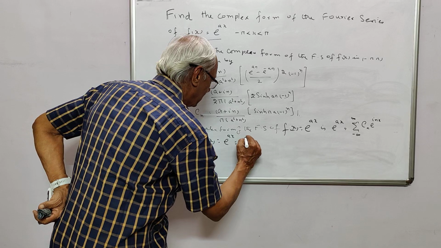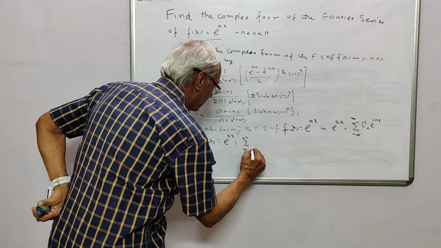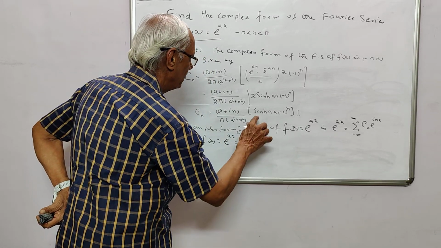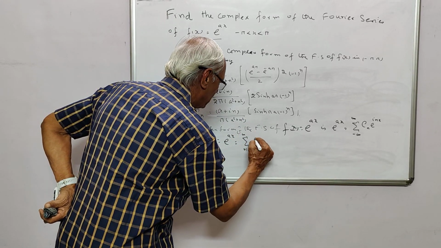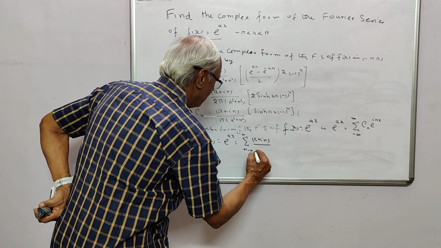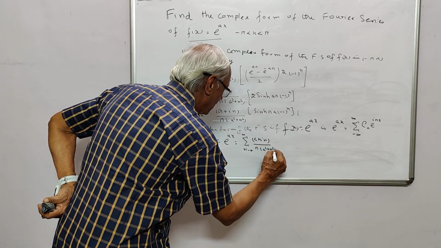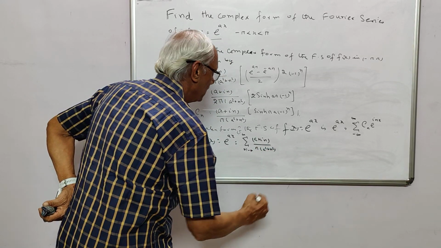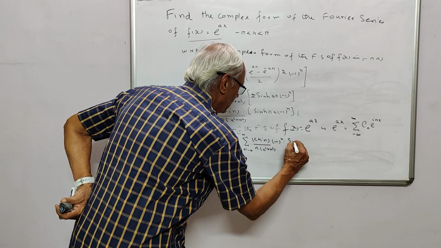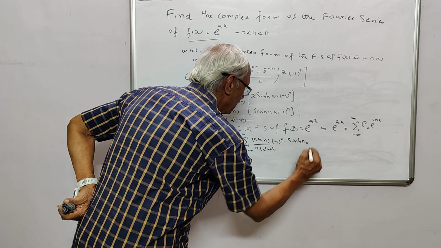Now therefore f of x is equal to e to the power of ax, equal to the sum for n from minus infinity to plus infinity. In the place of cn, what will you write here? a plus in divided by pi into a squared plus n squared into minus 1 to the power of n into sinh pi a.